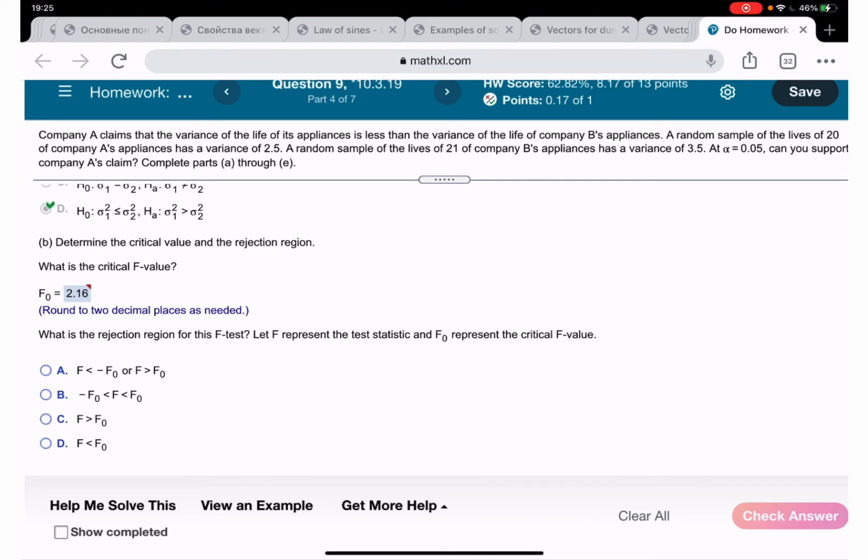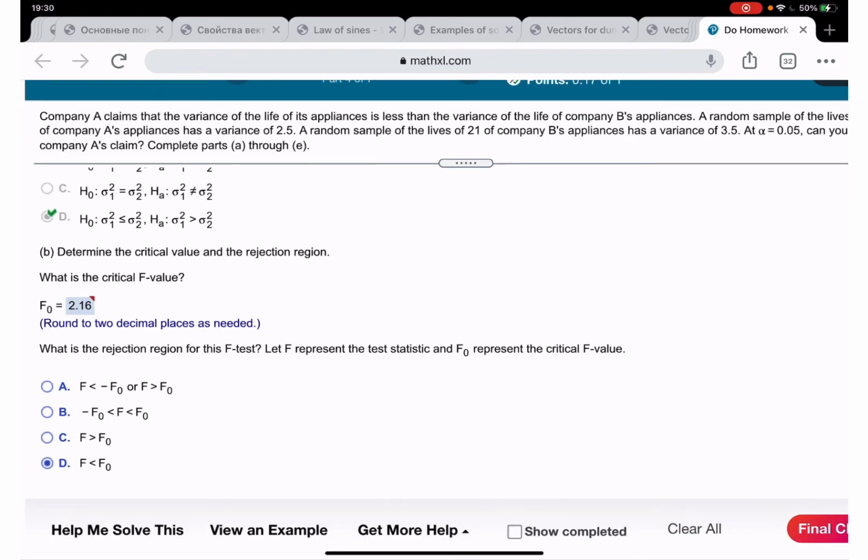Critical value, you practically are not going to compare to the F statistic, because they don't require the exact value of the F test here. All we have to do is find the rejection region.